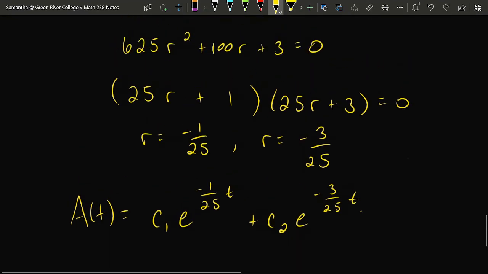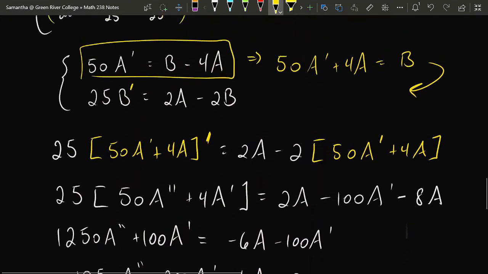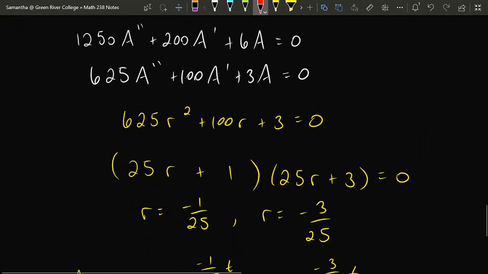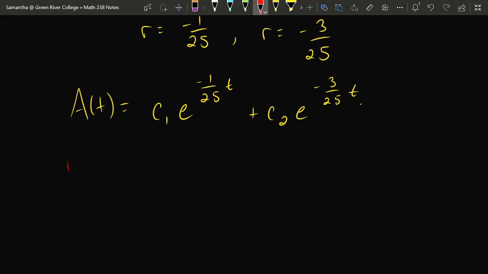Now let's go ahead and find b, remembering this equation at the top, which told me that b was the same thing as 50 copies of a prime plus 4 copies of a. So 50 copies of a prime looks like 50 copies of the derivative of the expression that we found in the previous line.